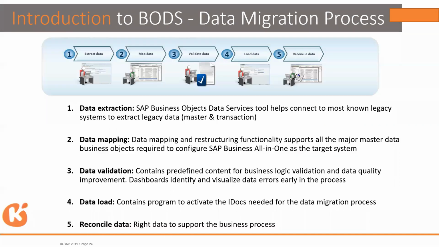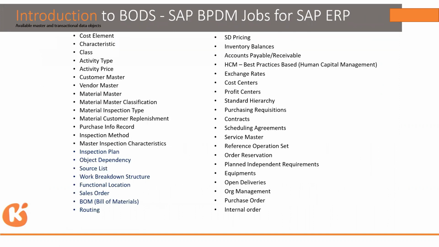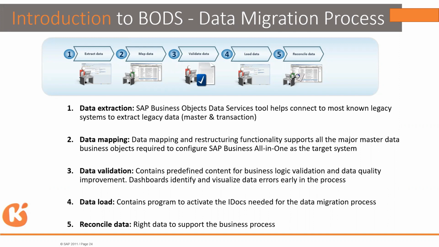This is a more detailed set of steps, like I just mentioned. In extraction, we extract legacy system data, which can be master data or transaction data. The next step is data mapping, which we do using different transformations, and then we have data validation, using validation transformations, and then we do the data load.